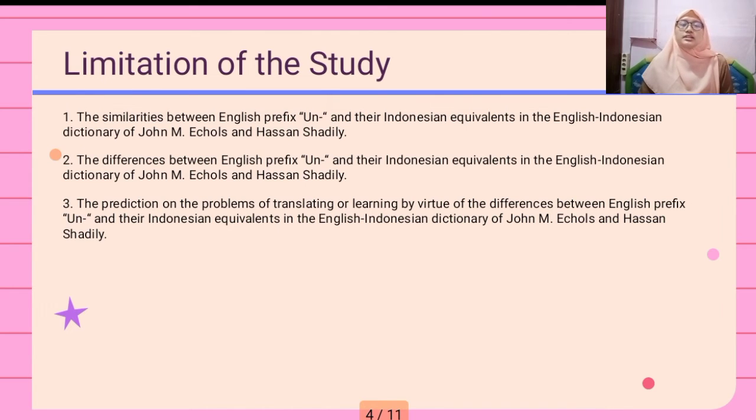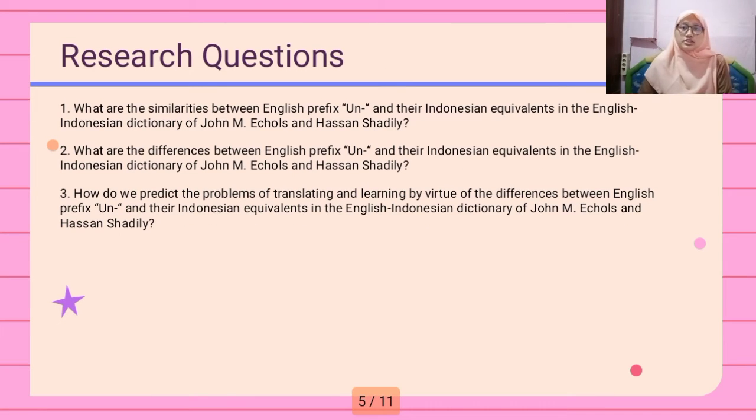And number 3, the prediction on the problem of translating or learning by virtue of the differences between English prefix and their Indonesian equivalent in the English Indonesian dictionary of John M. Eccles and Hasan Sadili.